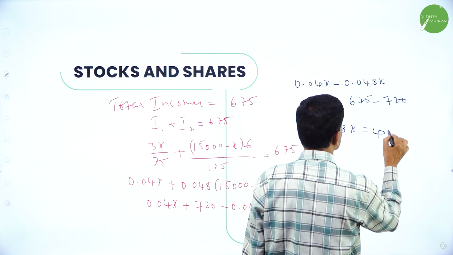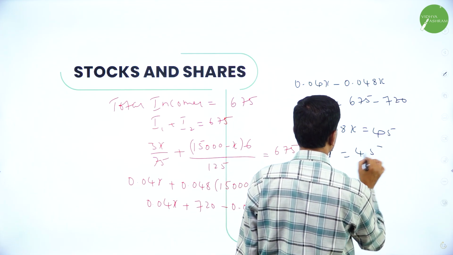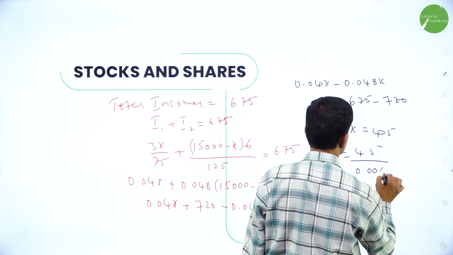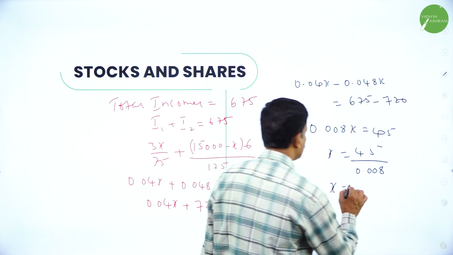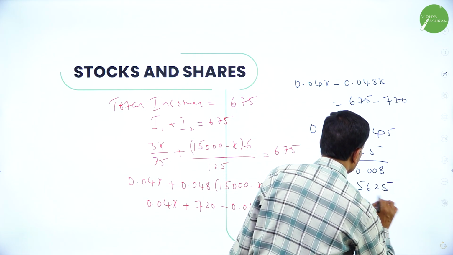If we simplify, this is equal to 45 divided by 0.008. So what we will get? 45 divided by 0.008 is 5,625.